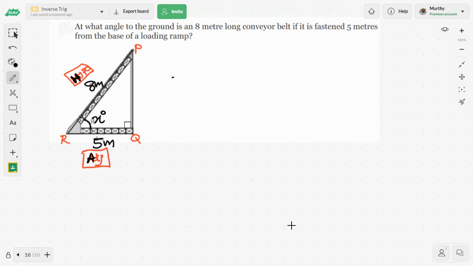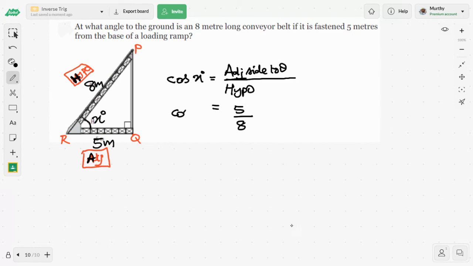In SOHCAHTOA, CAH means I have to take cos theta. So cos x degrees equals adjacent side to theta over hypotenuse. The adjacent side is 5 meters, the hypotenuse is 8.